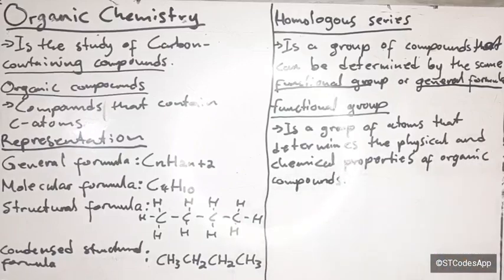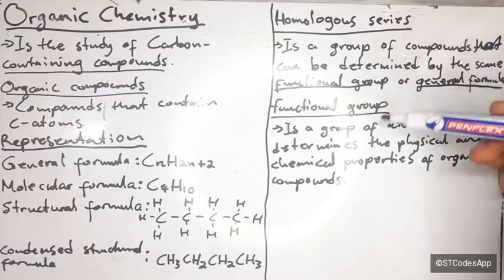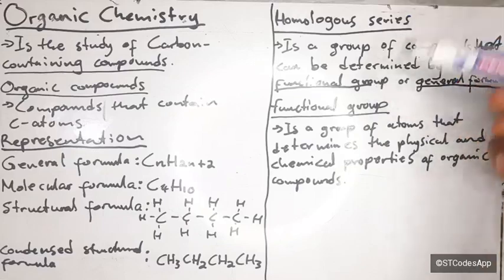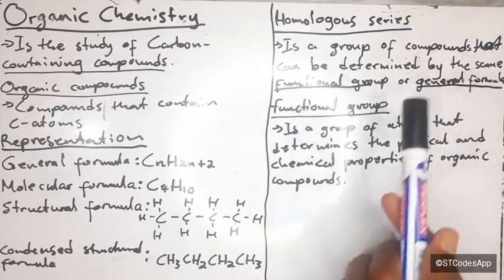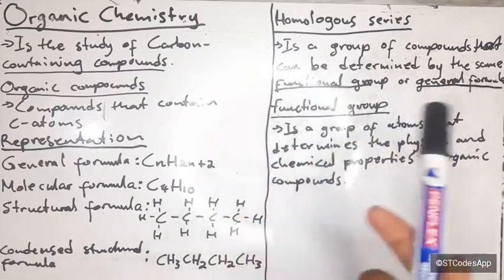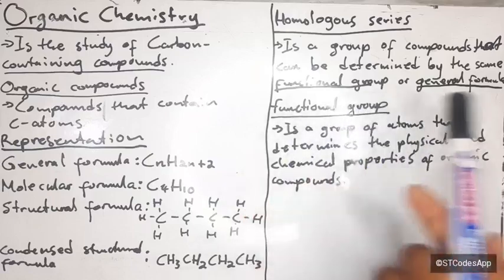Okay. I know, guys, to most of you these two terms don't make sense at all. Even for me at first they never made sense. A homologous series is a group of compounds that can be determined by the functional group or general formula.